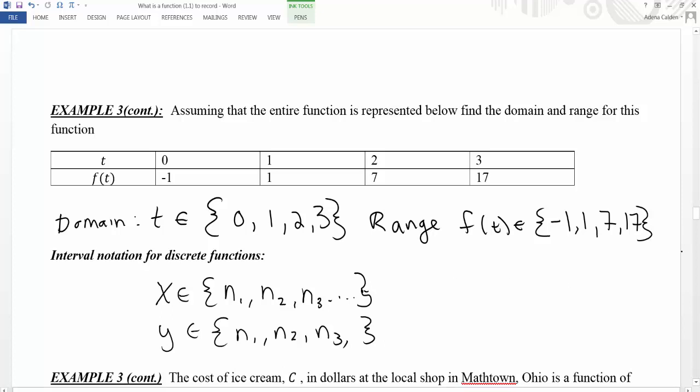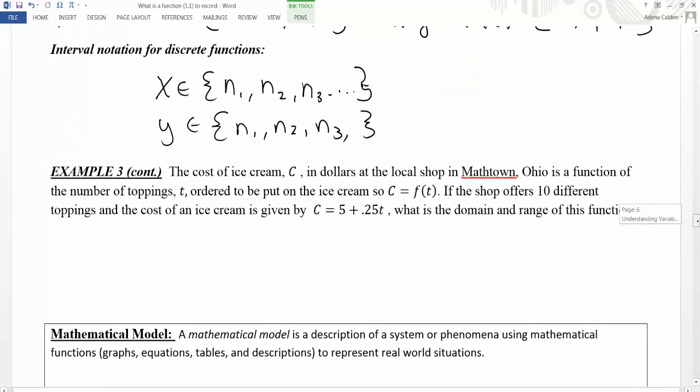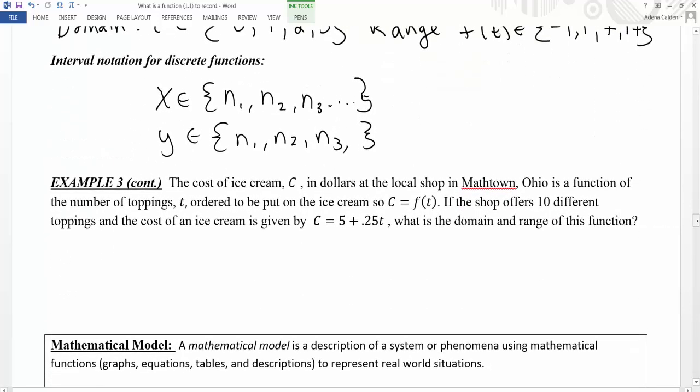So finally, let's go to our word problem, our description, and see what we can say about the domain and range here. So the cost of ice cream, C, in dollars at the local shop in Mathtown, Ohio, is a function of the number of toppings T ordered to be put on the ice cream. So that's what we had before.